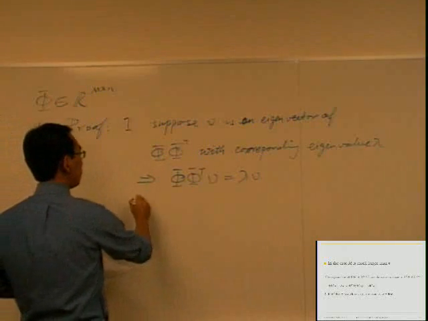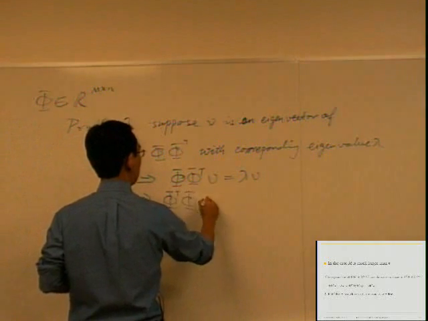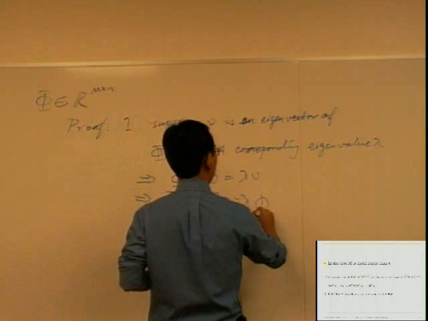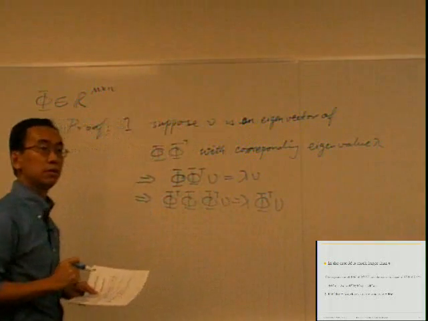So you multiply both sides by phi transpose, and then you get this equation, okay?